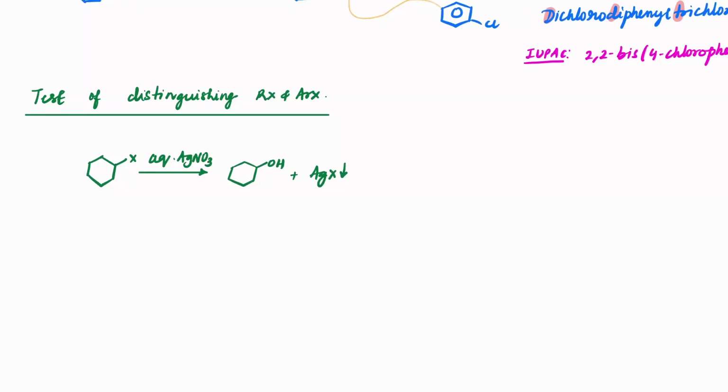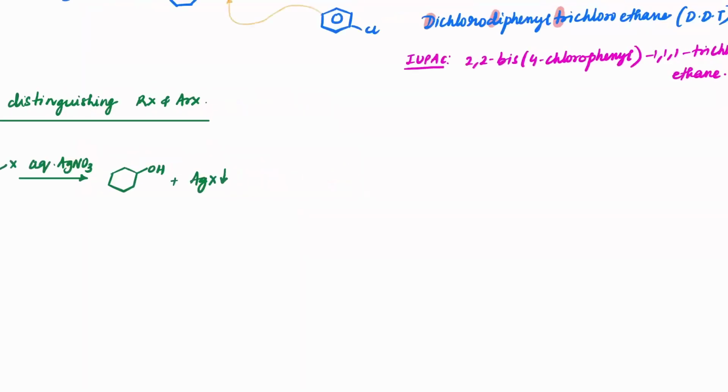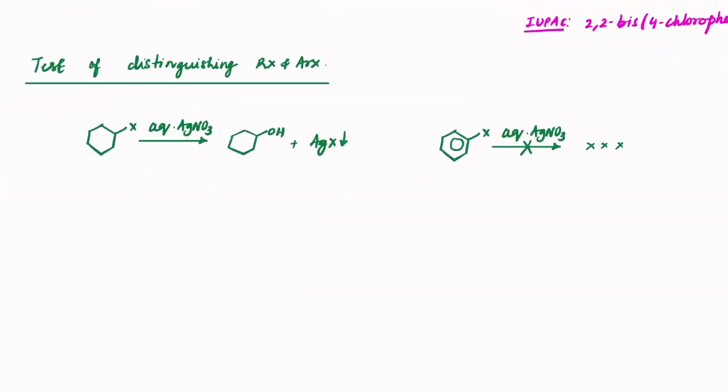While if you do the same reaction on the other side where you have benzene, such a reaction will not take place. So you will not get any of this product formation. So no reaction here. If there is no reaction with AgNO3, definitely that is going to be an aryl group. If it is happening, it has to be a simple alkyl group.